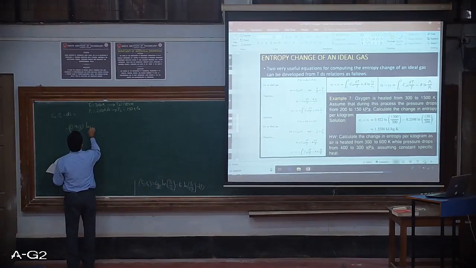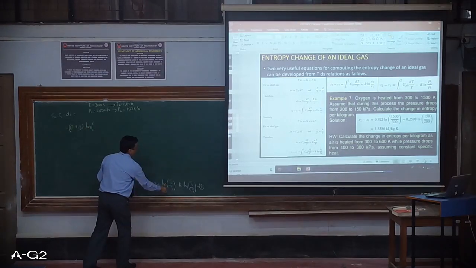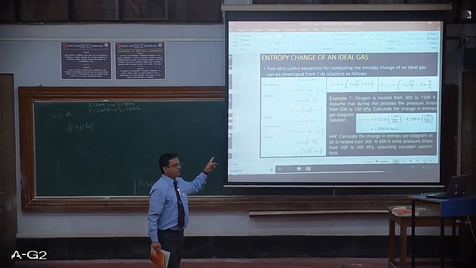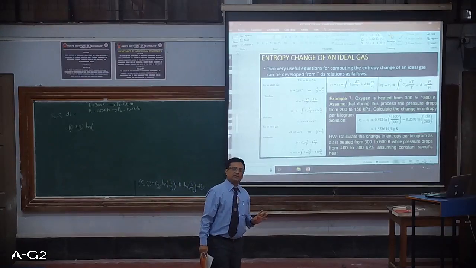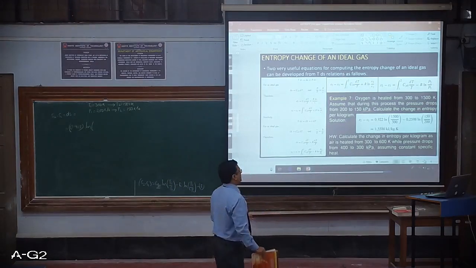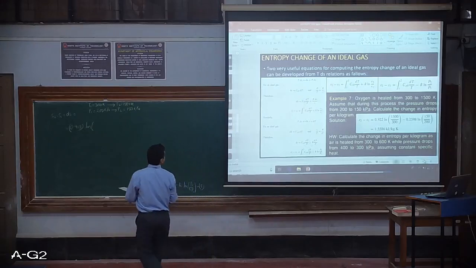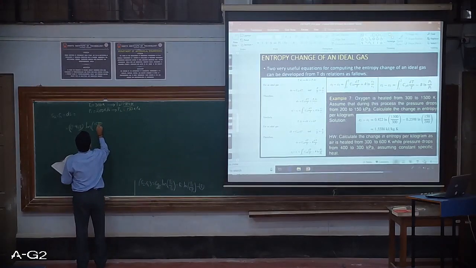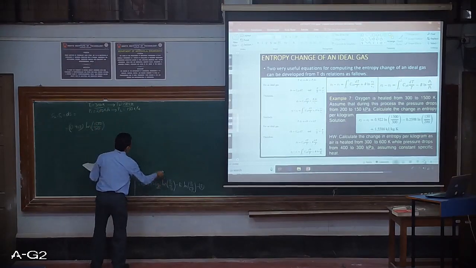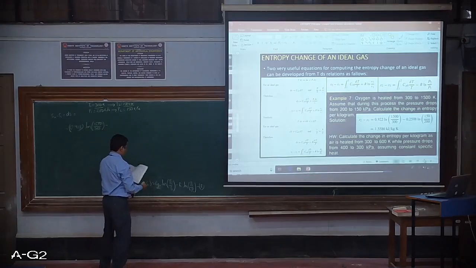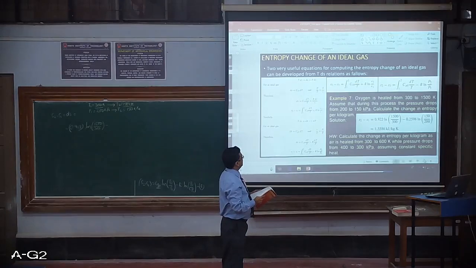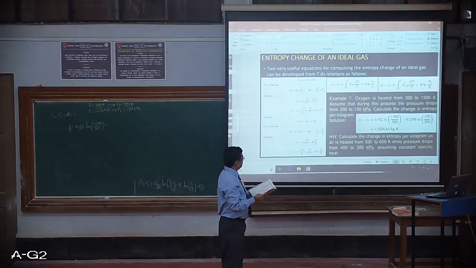Then ln, then we have T2 by T1. Remember one thing, if the values of temperatures are given in Kelvin, fine, directly you can take them in Kelvin, otherwise convert them to Kelvin basis, absolute temperature, and then enter. So here it is T2, 1500, divided by T1, which is 300. Then we have minus the value of R, which is to be calculated. The value of R again needs to be referred from property tables.